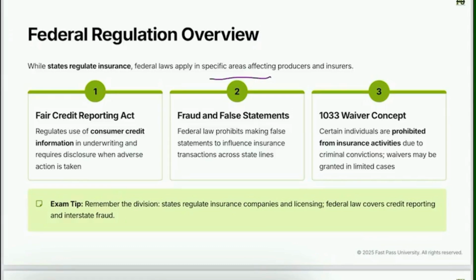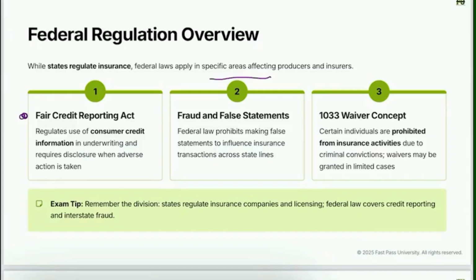This regulates the use of consumer credit information in underwriting and requires disclosure when adverse action is taken. So you just need to know what the Fair Credit Reporting Act is and what it is there for: it regulates consumer credit information and requires certain disclosures if adverse action is taken.